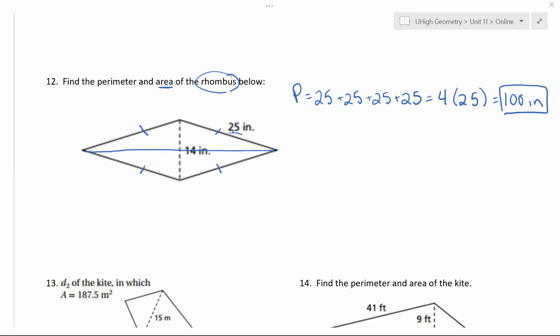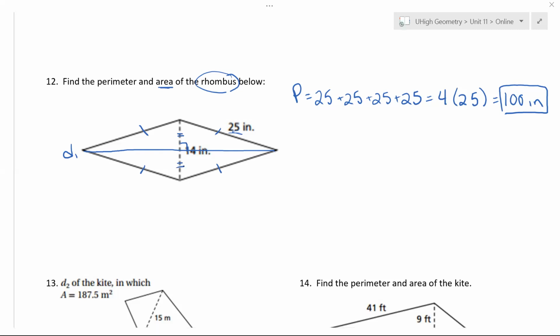Now, if I wanted to find the area, I need to figure out what this diagonal here is. Well, if we remember, in a rhombus, our diagonals are perpendicular, so I have a right angle here in the middle. I also know that my diagonals bisect each other, so I know that each side of my diagonals are going to be congruent.